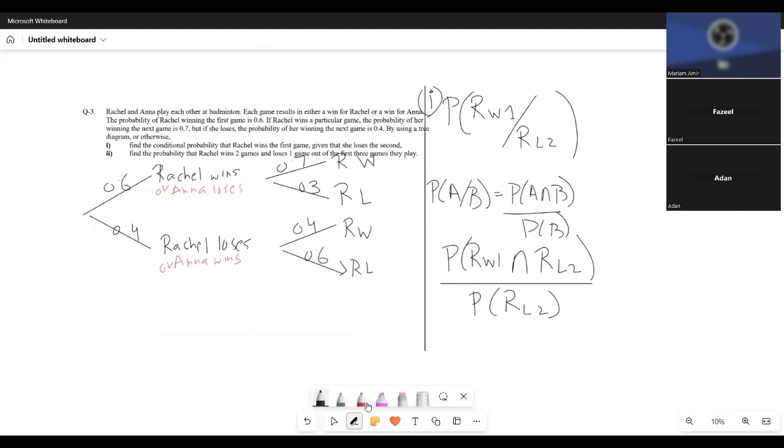Probability she wins the first game is this and she loses the second game वो यहाँ से फिर यहाँ आ जाएंगे. So the probability is 0.6 into 0.3.